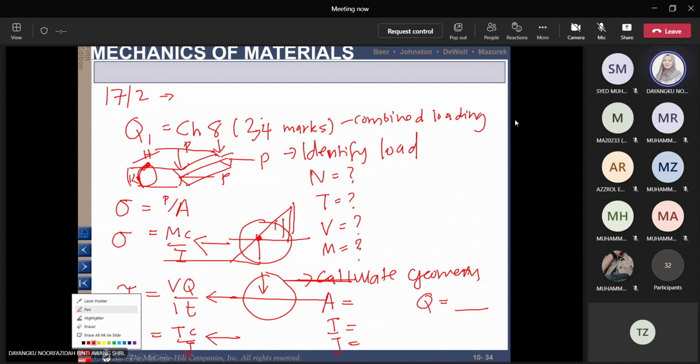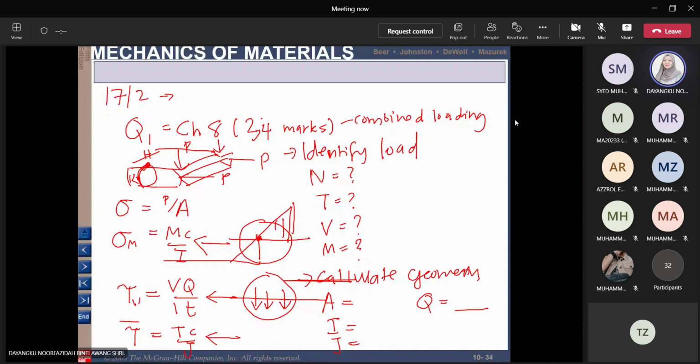And you need to identify which is your neutral axis. Okay, so is it there or not? You need to specify. Okay, at K, we don't have stress due to the moment. Only the other.